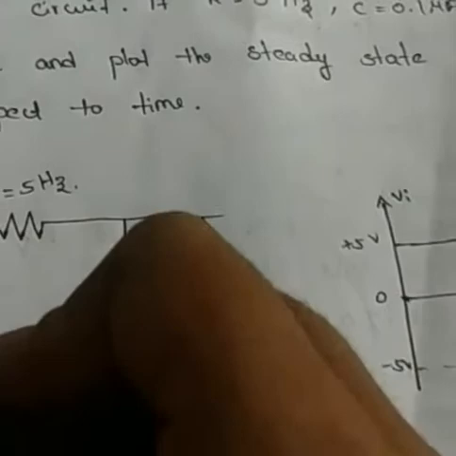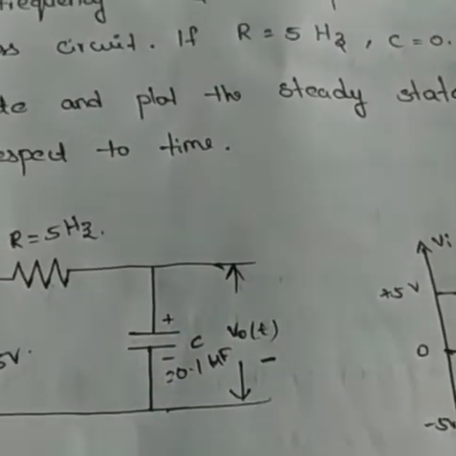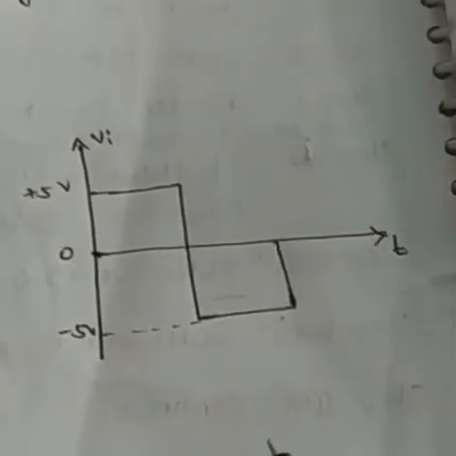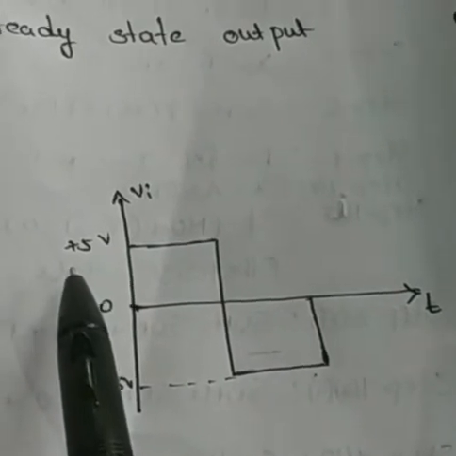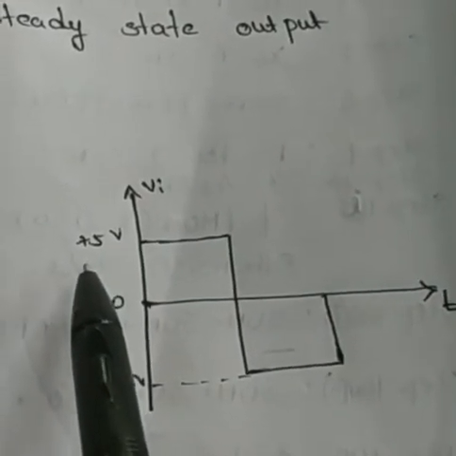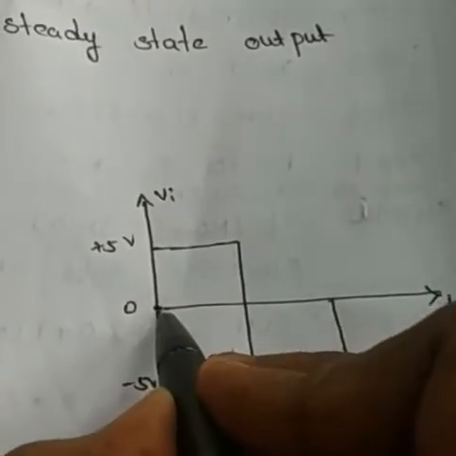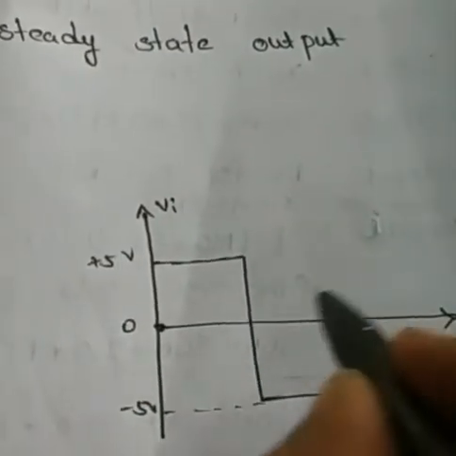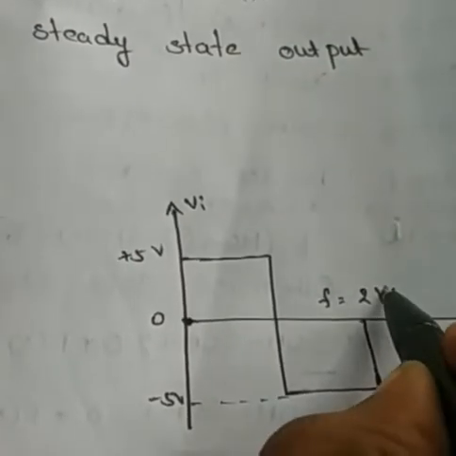We have V of t is plus or minus 5 volts, and regarding this I have drawn a waveform, a square wave having a maximum of plus 5 volts and a minimum of minus 5 volts, the average is 0 volts, and the frequency is 2 kHz.